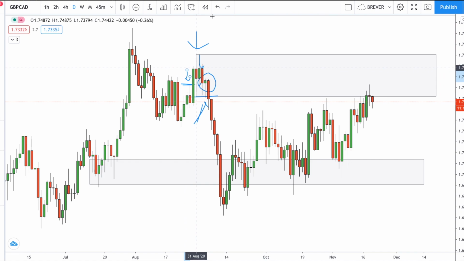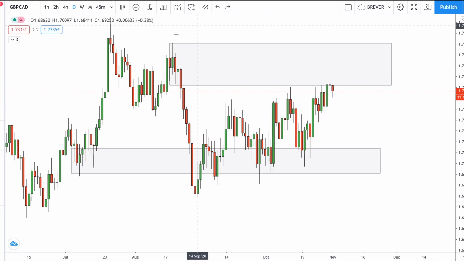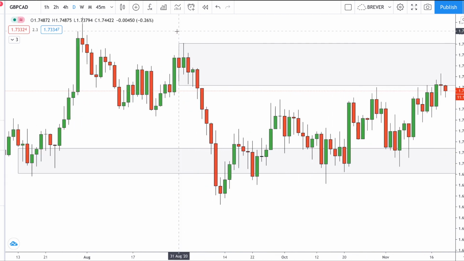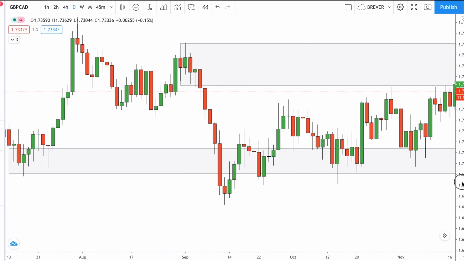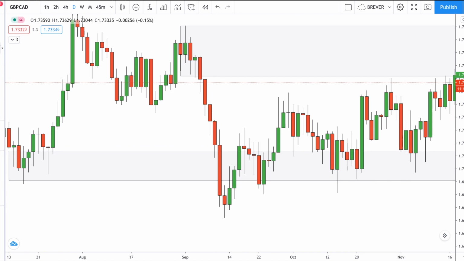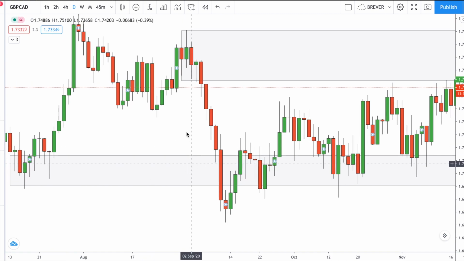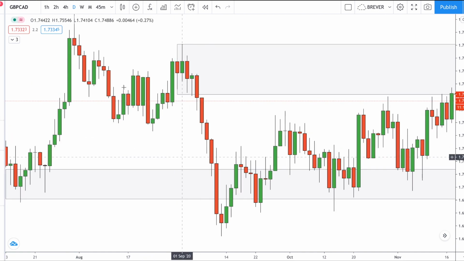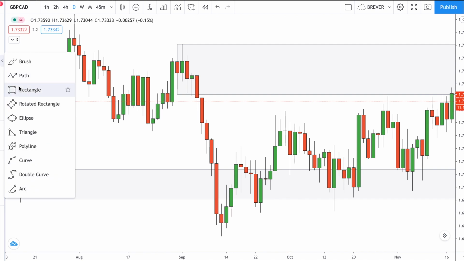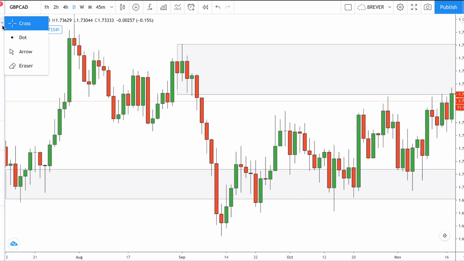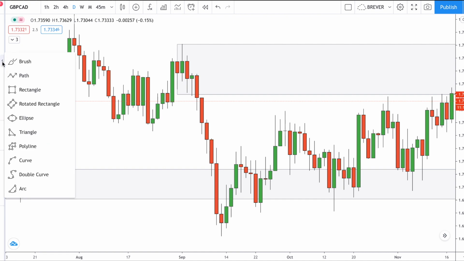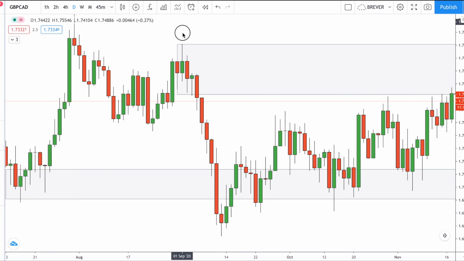Okay, now these bulls, sorry, let me clear this out for you to understand. We see that bears entered here, forming this nice downward push.